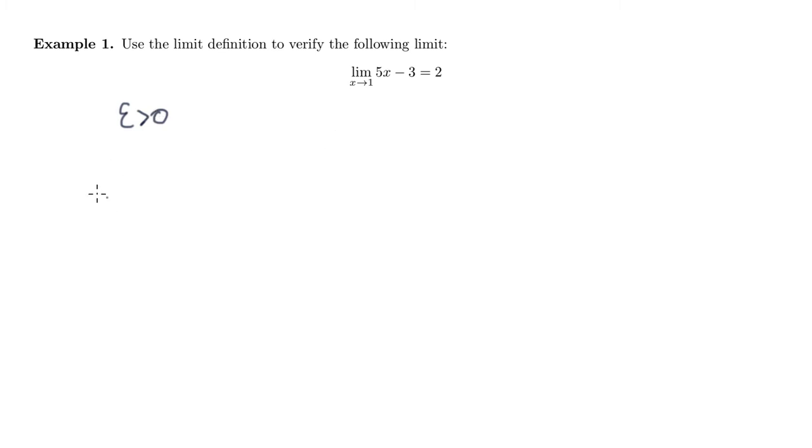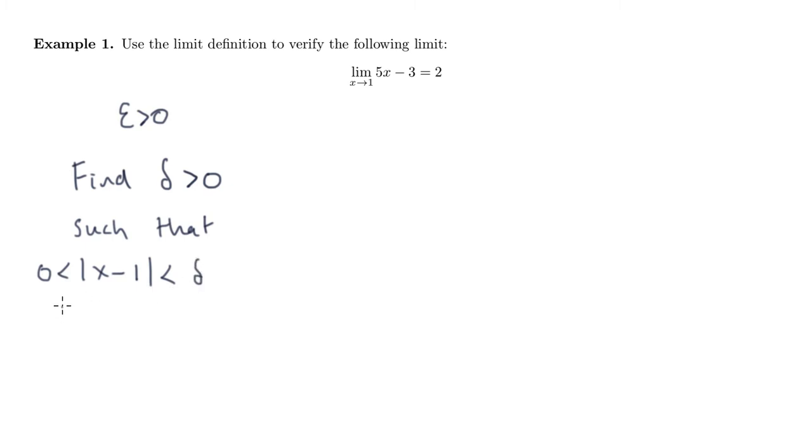And my job is to find delta greater than 0 that will depend on epsilon, such that when I'm within delta of this, in this case 1, my function values are within this epsilon, so whatever epsilon was chosen originally, within 2.